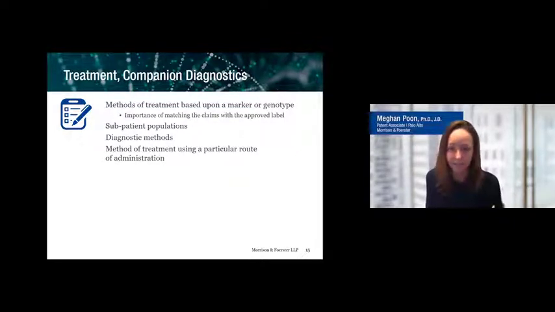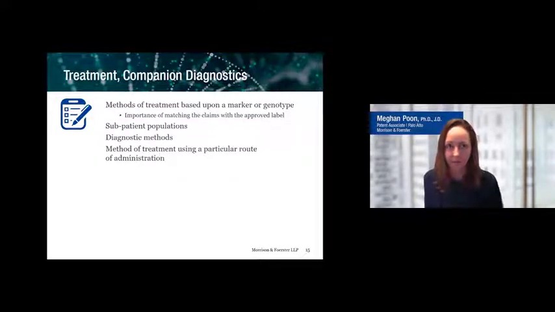Again, sub-patient populations, you can even think of all of the different layers. So you can have a solid tumor claim, you can have treating bladder cancer, you could have treating a specific type of bladder cancer and so forth. Diagnostic methods is another avenue, and in particular, when those diagnostic methods are companion diagnostics.